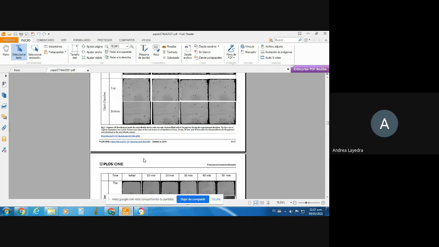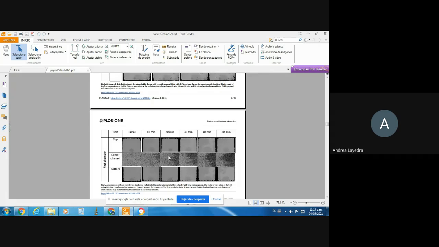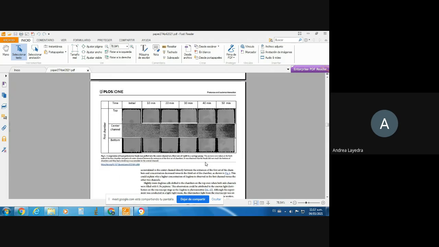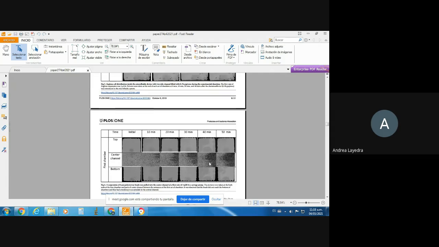Now here, for comparison in this figure, they use a polystyrene bead suspension as an immobile control. The beads didn't reach the bottom of the chambers due to lack of motility.